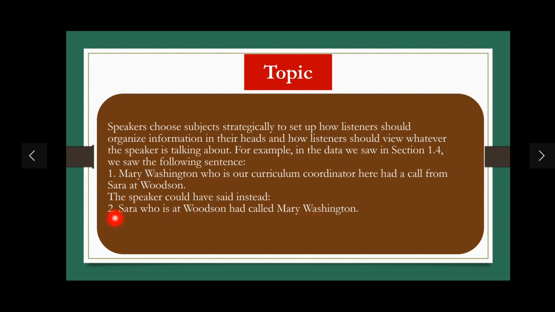Then Sarah would be the subject, the focus of attention, and "had called Mary Washington" would be information about Sarah. But in the first you see that Sarah goes to background, and Mary Washington is foregrounded. And in the second example, Sarah is foregrounded and Mary Washington is backgrounded.